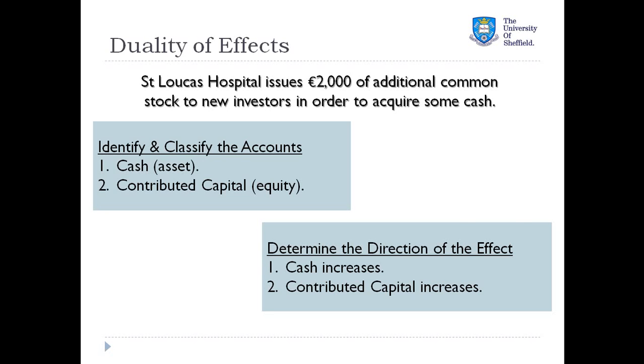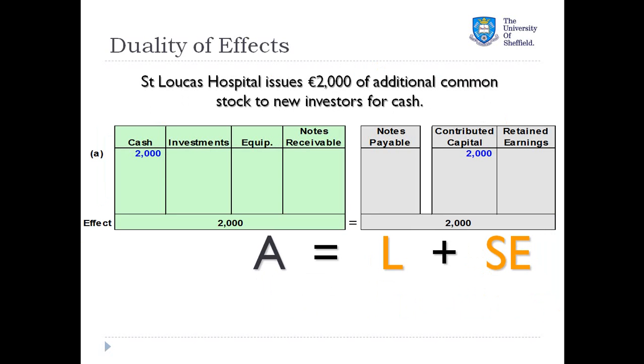Let us see how this works. Here you can see that on the left-hand side, the green table represents the asset section, while the other one represents the liabilities and the stockholders' equity. Here we have the liabilities, and here we have the stockholders' equity.